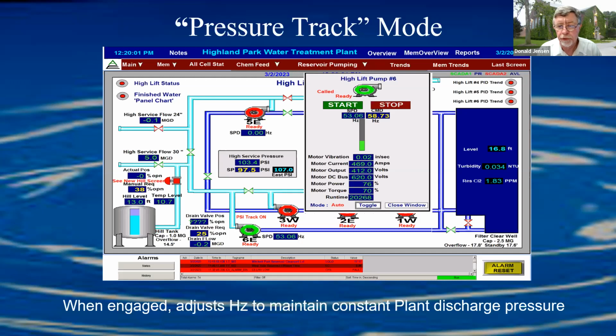It will try to maintain pressure at whatever set point the operator chooses. He'll turn it on at a given pressure, and ideally somewhere mid-range of the VFD, which is typically 55 to 60 hertz. You get below 55 hertz and they're not doing as much good. So they'll set it in that range, and it'll try to maintain pressure when he's operating a single VFD pump.